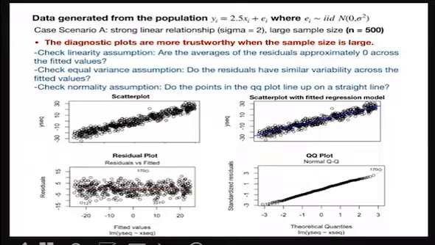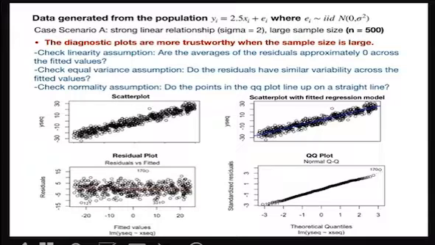So sigma equal to 2 means my variance equals 4, which is more or less a strong relationship. I start with n equal to 500, which is more or less considered a large sample.